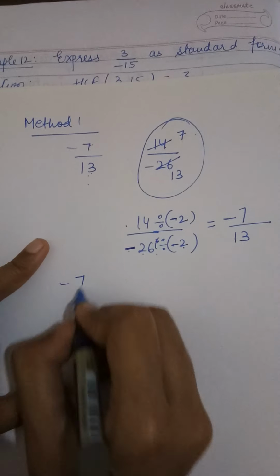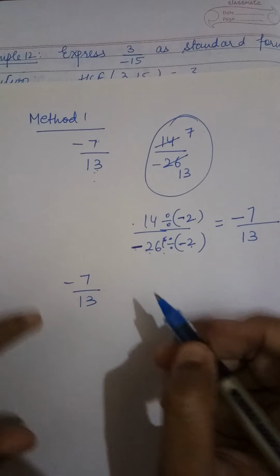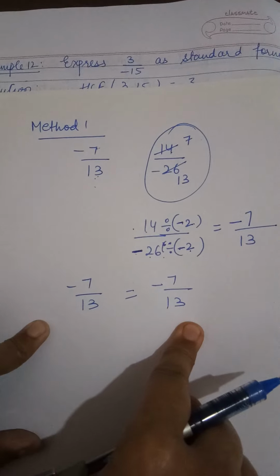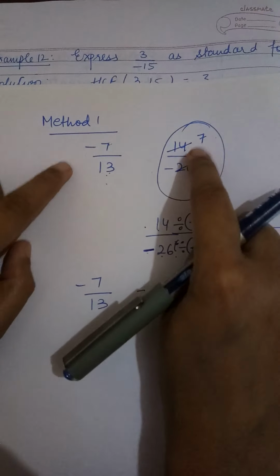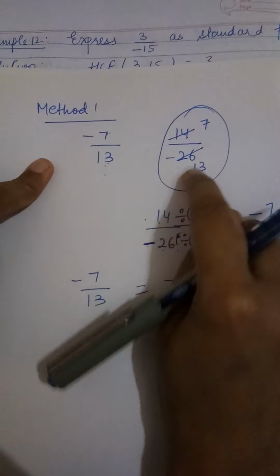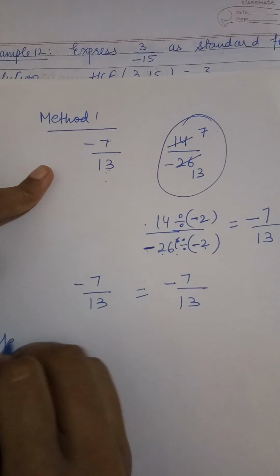So that means minus 7 upon 13 is at one side, and after solving 14 upon minus 26, I will be getting minus 7 upon 13. Can you see my left hand side and right hand side are coming same? Since they are coming same, that means these two fractions, minus 7 upon 13 and 14 upon minus 26, both are equivalent fractions.